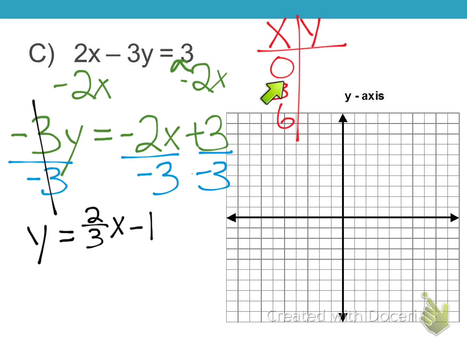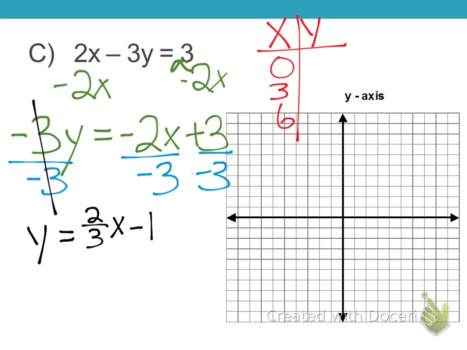Now, do you have to do this? No. Do I want you to do it? Yes, because I don't want to graph like 2/3 of something on this tiny little thing. Okay? So I want whole number ordered pairs. So I picked numbers that were divisible by 3 so that the fraction would go away. Remember, you have all the power in the x column. You pick the easy ones. Don't make more work for yourself.